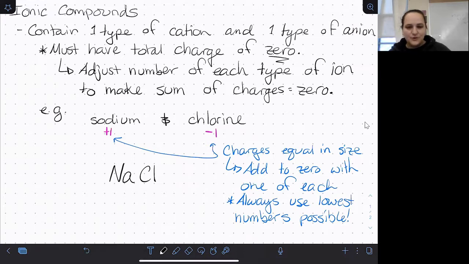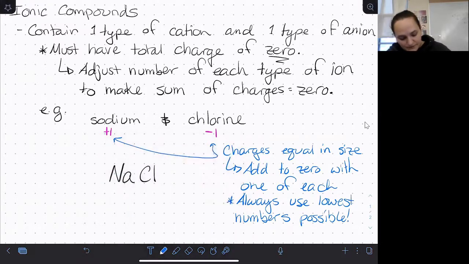It is true that one of each adds to 0, so would 2 of each, so would 6 of each, but we always want to keep things in lowest terms. So the formula of an ionic compound shows the simplest whole number ratio of ions of each type. So in this case, 1:1 gives us the formula NaCl.